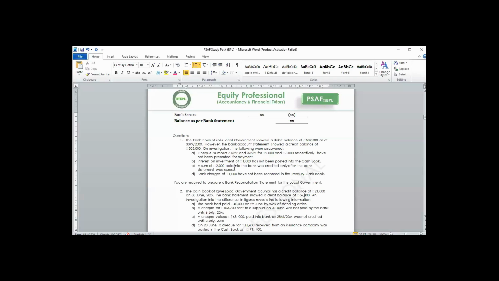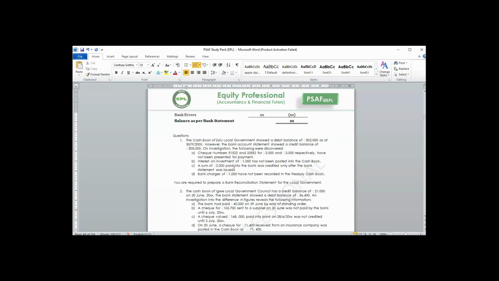Cash book of Zulu local government shows a debit balance of 502,000 as at 30th/9/2000. However, the bank statement shows a credit balance of 505,000. On investigation, the following were discovered. A, check numbers 51522 and 32552 for 2,000 and 3,000 respectively have not been presented for payment.